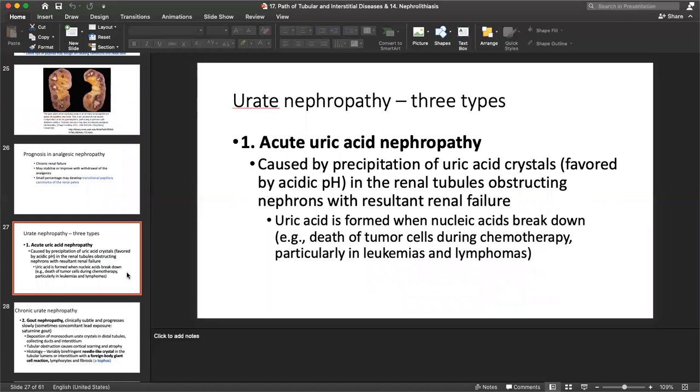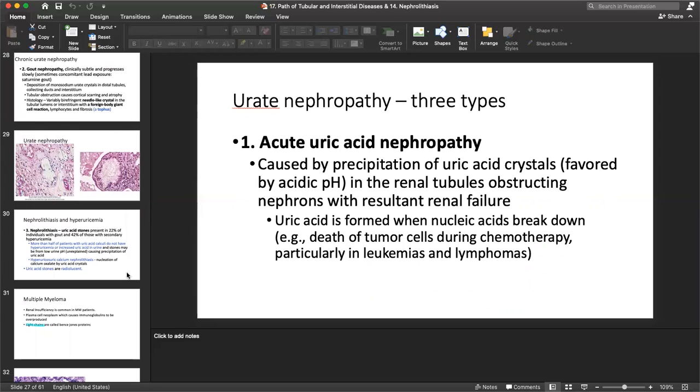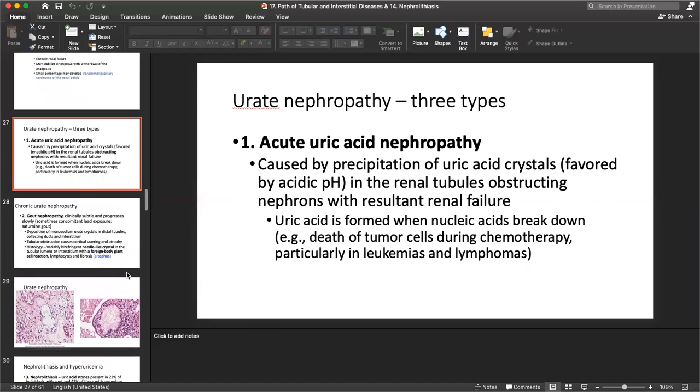So urate nephropathy, there's going to be 3 types: acute uric acid, gout, and nephrolithiasis. Acute uric acid nephropathy is going to have that precipitation of uric acid crystals due to the acidic pH in the renal tubules.